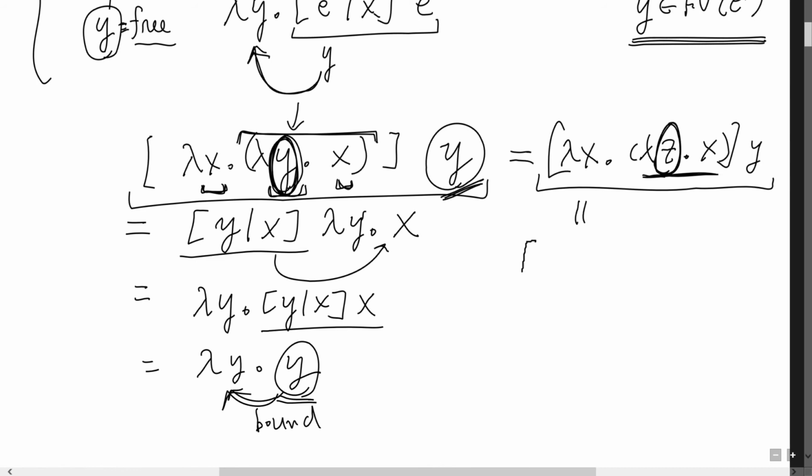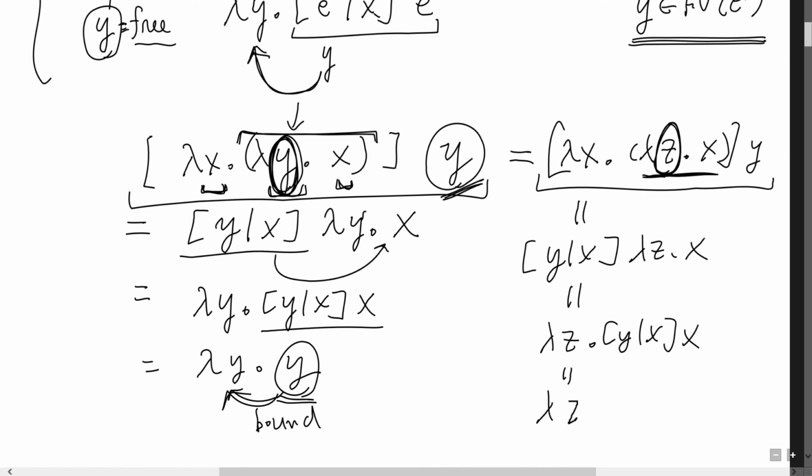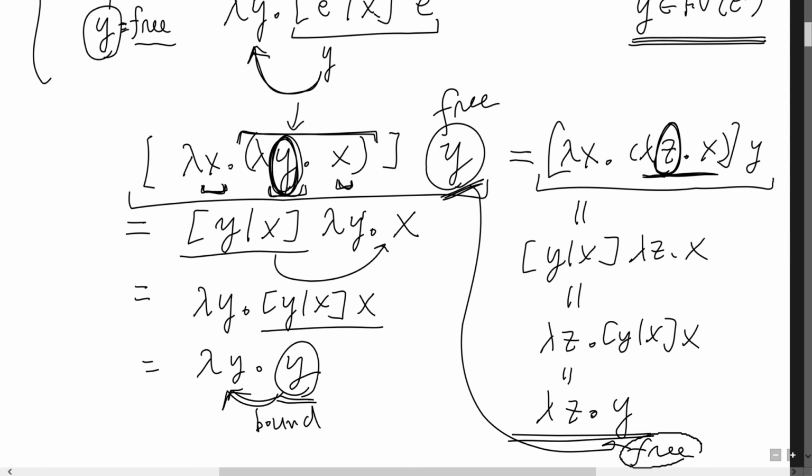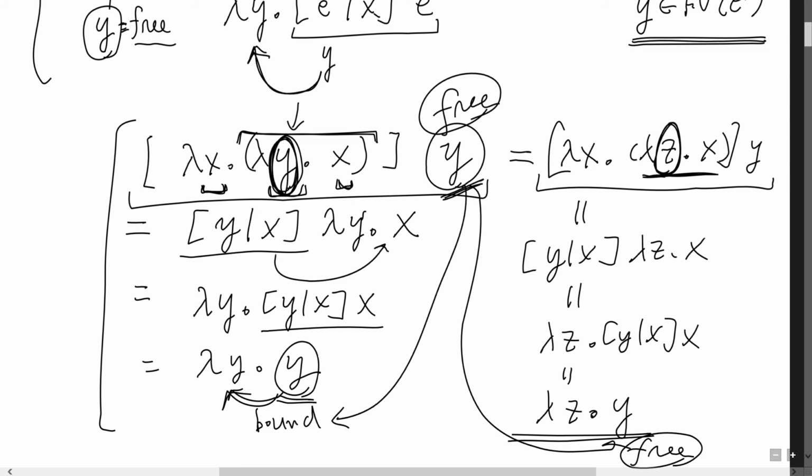This one becomes y for x inside lambda z dot x, which is lambda z dot y for x, x, which is lambda z dot y. So in this case, this variable y remains free. This is free, so it stays free. But under this erroneous, wrong definition of substitution, this variable y suddenly becomes bound. So this is wrong.